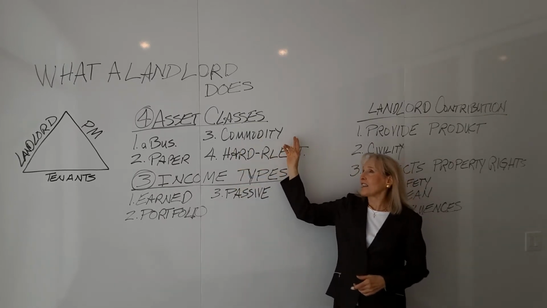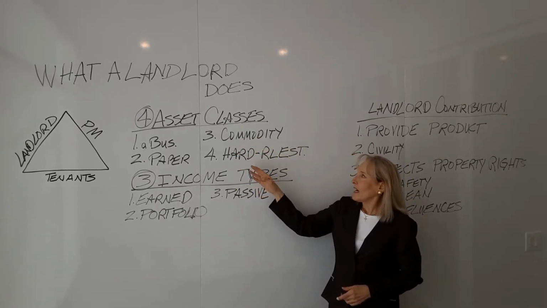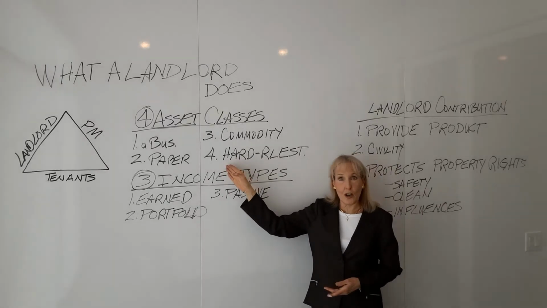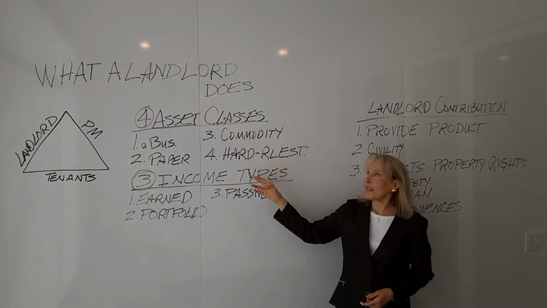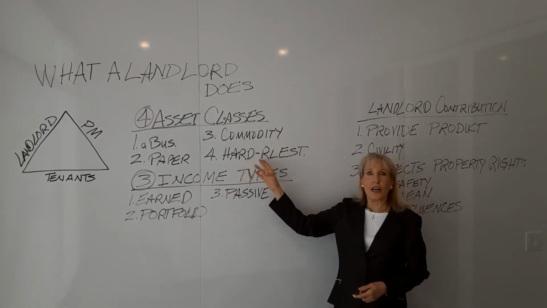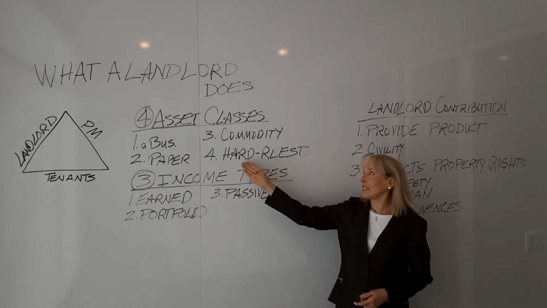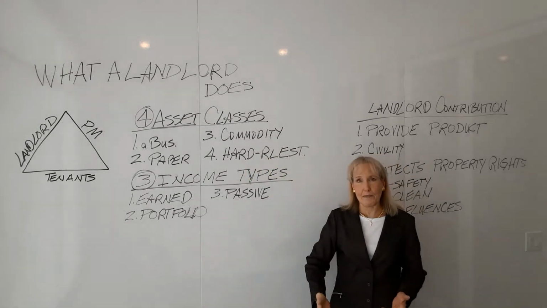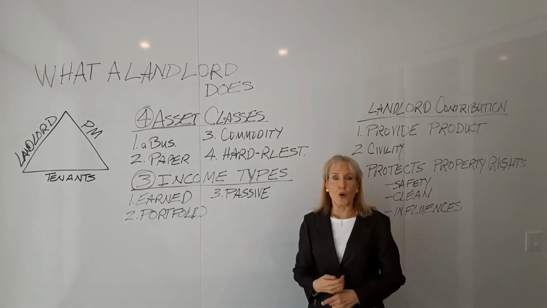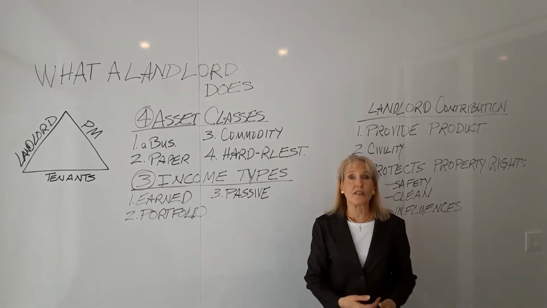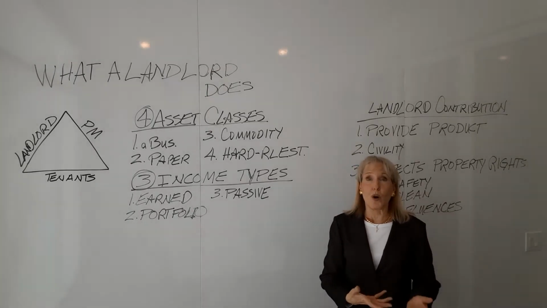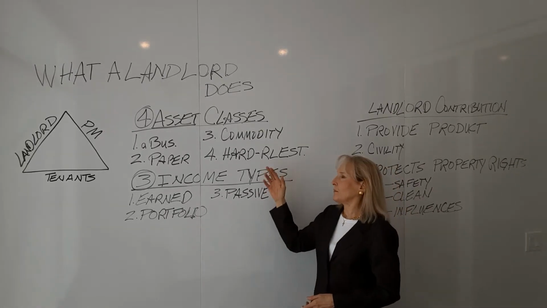So that is an asset class, commodities. And then the one that we are focusing on for what a landlord does is hard assets. That's real estate. That's something that you just can't pick up and move if you want to put it in a more convenient place where you want to move to, a hard asset.